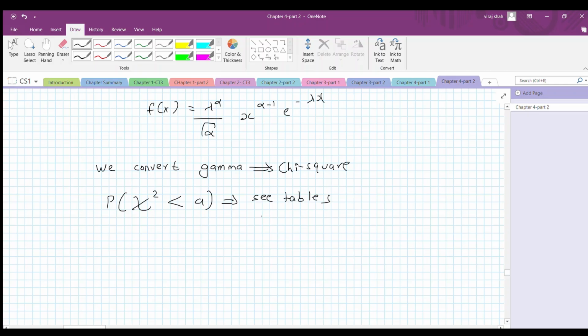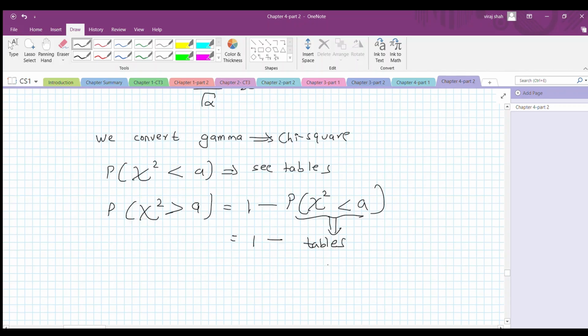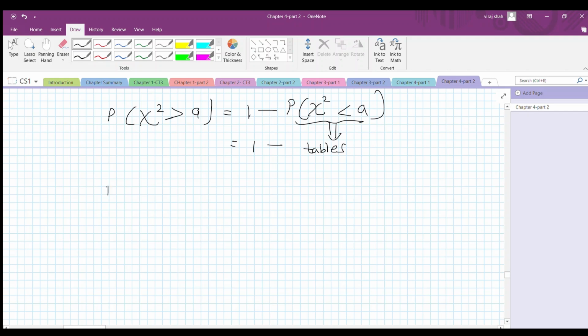Okay, if I'm asked probability of chi square greater than some value, I write 1 minus probability of chi square less than the value, and this answer I would get from tables. This is how I solve. If I'm asked probability of chi square lies between A and B, then how do I solve?